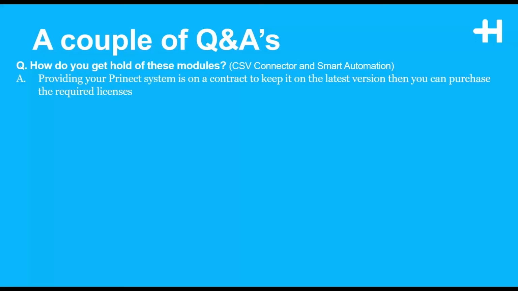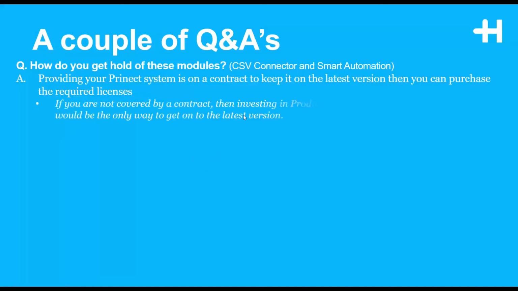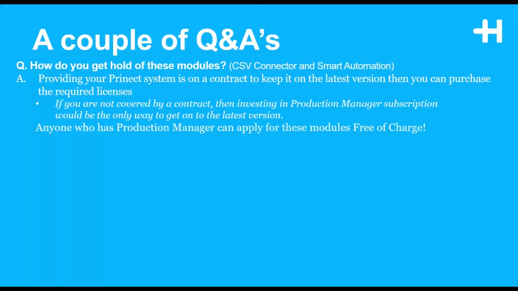Well, providing your Prinect system is on a contract to keep it on the latest version, then you can purchase the required licenses. If you're not covered by a contract, then investing in the Production Manager subscription package would be the only way to get onto the latest version. And anybody that already has Production Manager can apply for these license modules free of charge.